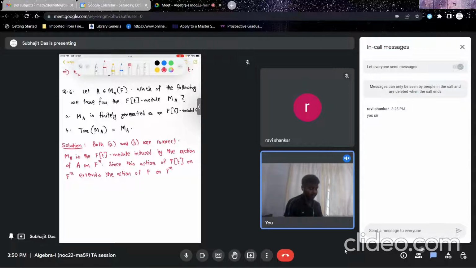So since this extends the action of F on Fn, hence Fn, that is MA, is finitely generated as an F[t] module.